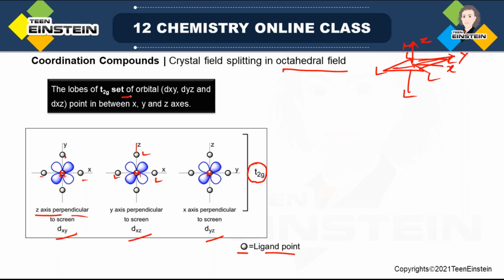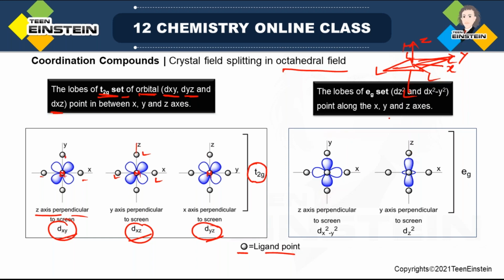So the lobes of the T2g set of orbitals, T2g set means here you have dxy, dyz and dxz, point in between the x, y and z axes, but the ligands are approaching directly on the axes. So there is no direct interaction. As a result, these three orbitals, the T2g set, will be lowered in energy because there is no such direct interaction. But for the other two, now the case is opposite.